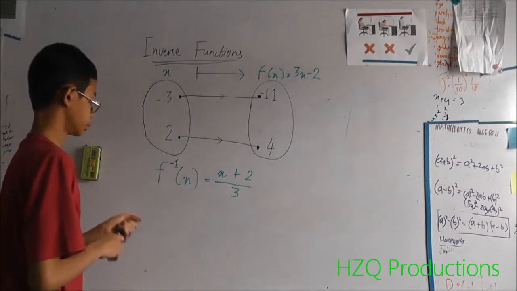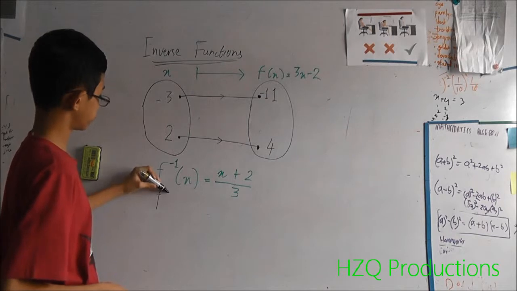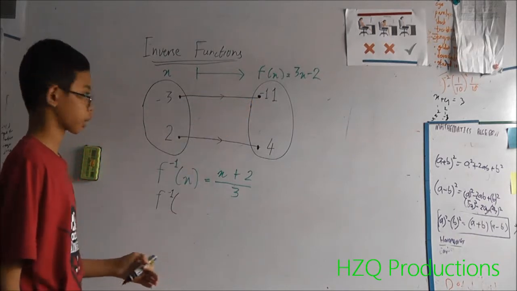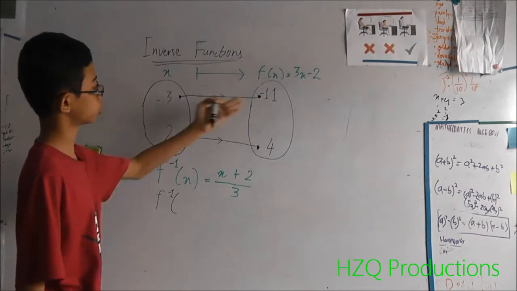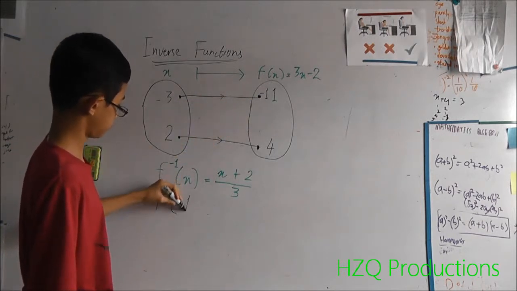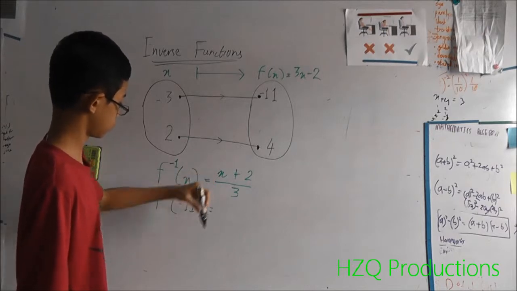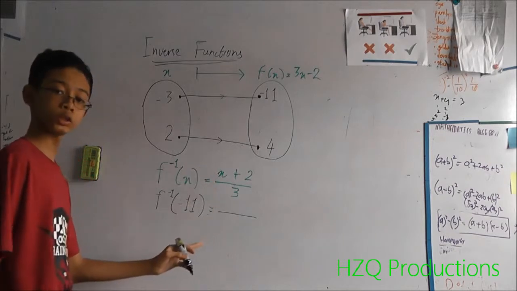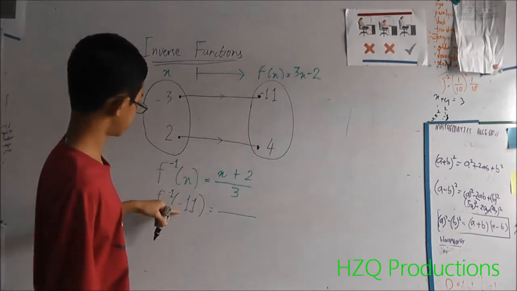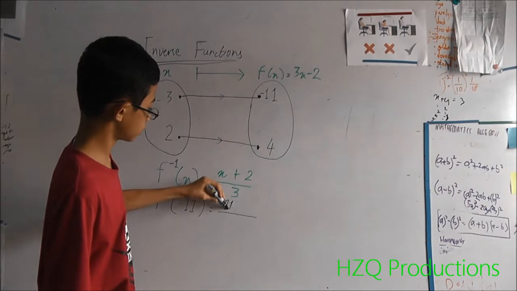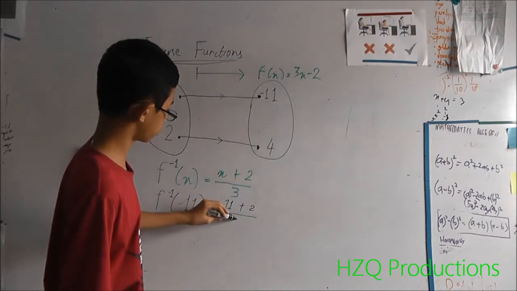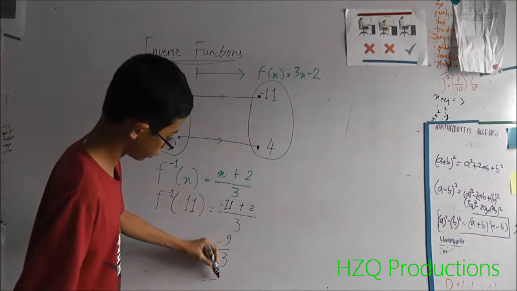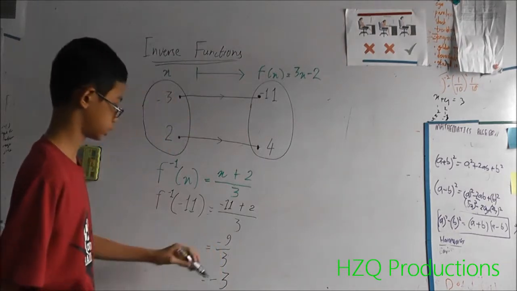So, what happens next? f negative 1, insert any outputs. Okay? So, when I find negative 3, right? So, negative 11. And then, again, substitute the value from this. So it's negative 11 plus 2 over 3. And finally, you have got the domain at long last.